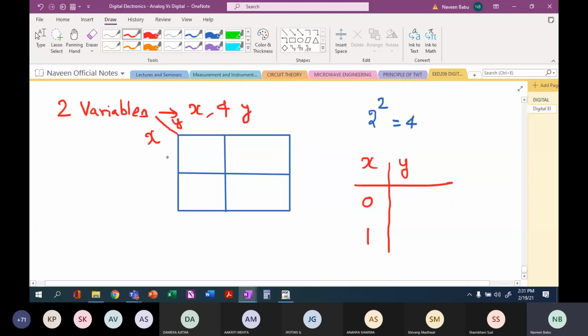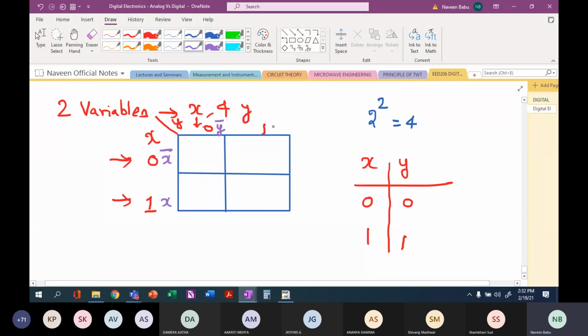So this row corresponds to x equal to 0 and this row corresponds to x equal to 1. Similarly, for y the possible input combinations are again 0 and 1. So this column corresponds to y equal to 0 and this column corresponds to y equal to 1. Whenever we say x equal to 0, this row corresponds to x bar and this row corresponds to x. Similarly, whenever y equal to 0, this column corresponds to y bar and this column corresponds to y.